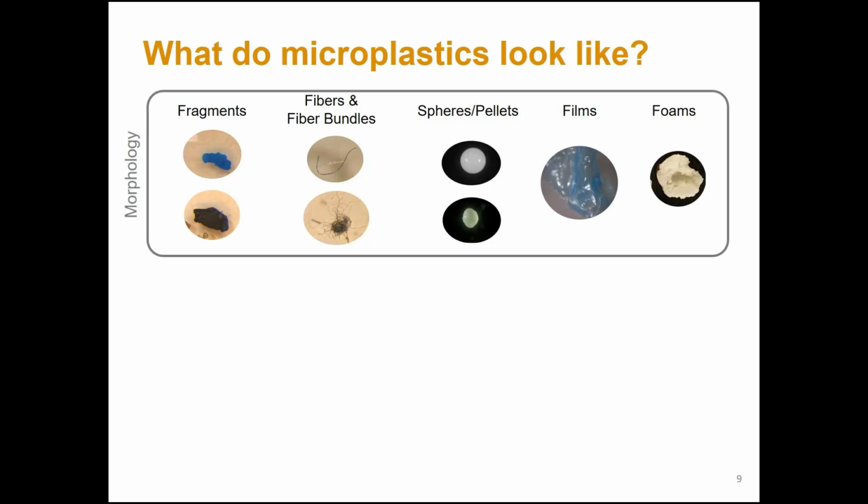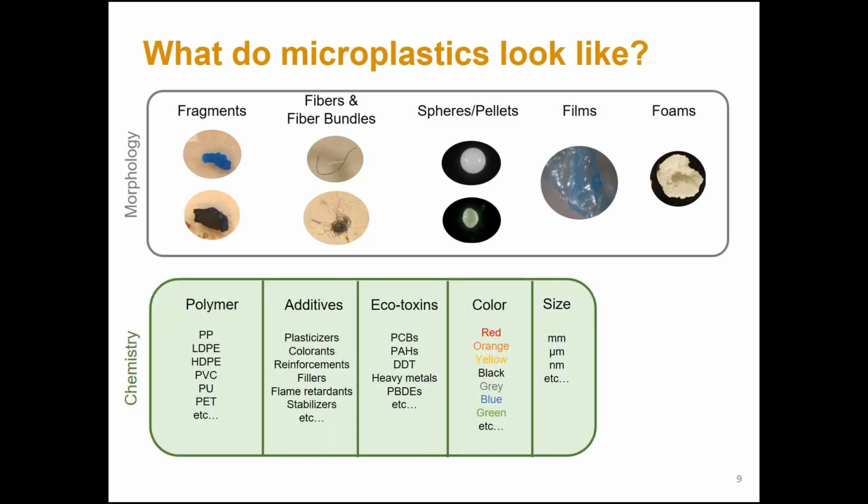Microplastics in the environment are very diverse. They come in various shapes and sizes, and we describe them based on their morphology. So they can look like fragments, fibers and fiber bundles, spheres, film, and foam. We also describe them based on other characteristics, like the polymer type of the plastic, additives that are included in the plastic, and the different plastics can also have different toxins that are absorbed to them.